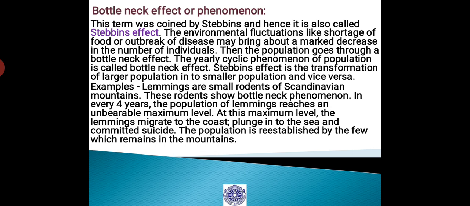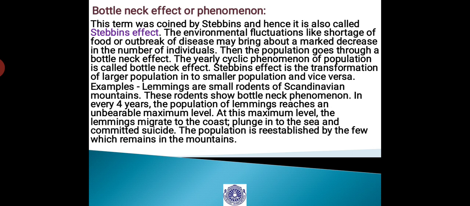And Stebbins effect is the transformation of larger population into smaller population and vice versa. So if you upright the bottle, the base will naturally contain more content there, whereas in the neck region it will be very less. Hence the concept is called bottleneck phenomenon. Examples: lemmings are small rodents of Scandinavian mountains, and these rodents show bottleneck phenomenon.